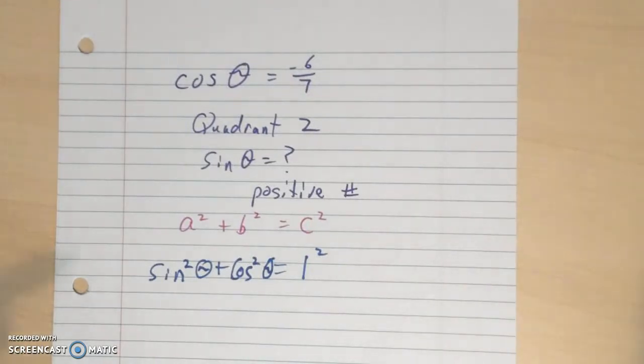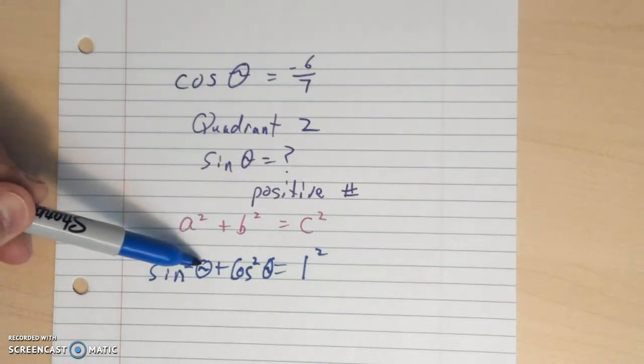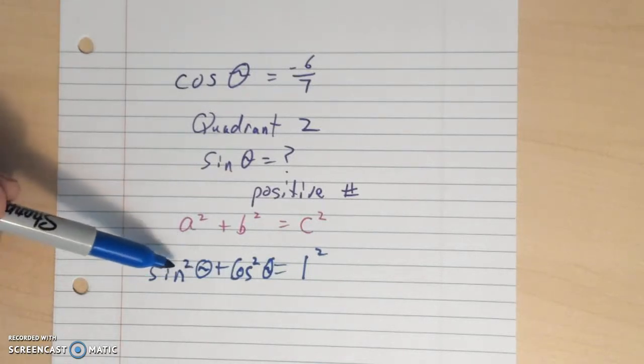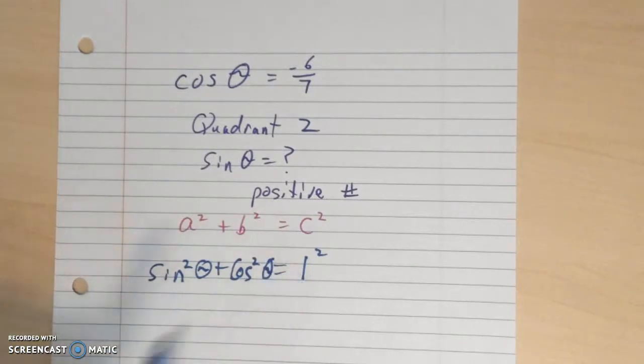Now, there's a little thing here. Notice it says sine, and then I'm putting the exponent, and then I'm putting the angle. Okay, we're squaring the sine, we're not squaring the angle. So that's just how that is written. That's a little bit different than what you've seen before. So we knew the hypotenuse was 1.